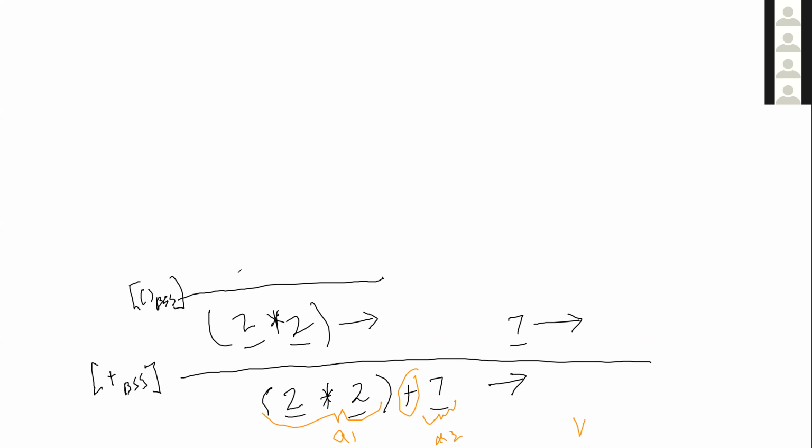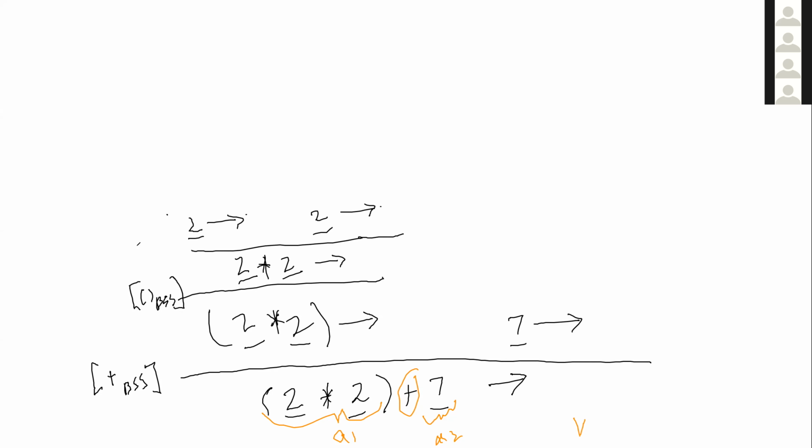So that gives me 2 times 2 arrow something. And now again, here's my A1 is just a 2, so I get a numeral 2 goes to something, and I get a numeral 2 goes to something. And then I look at the rule and it says, oh, the num rule.